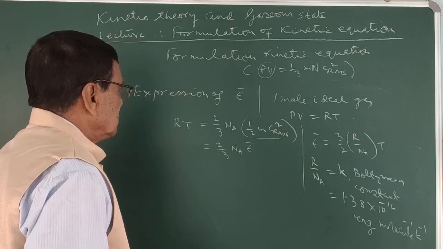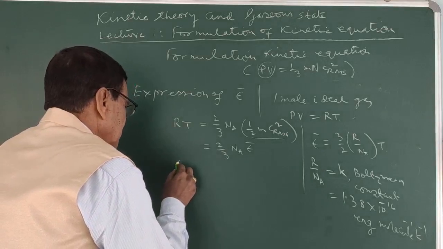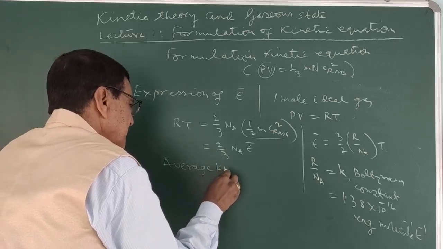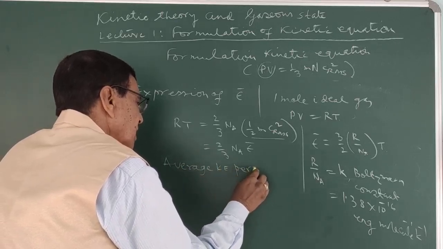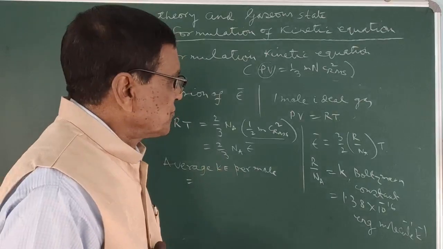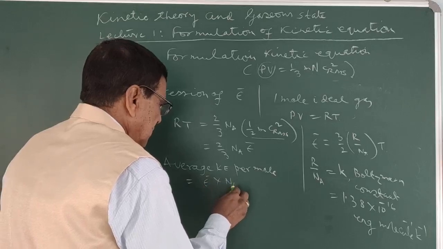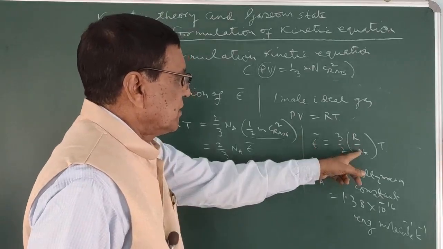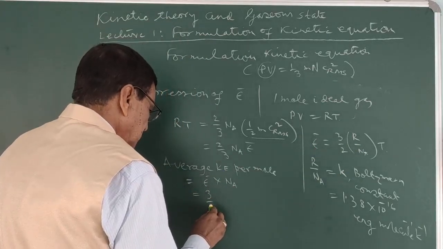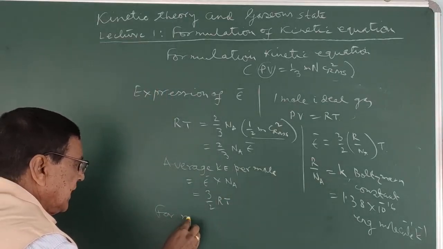So the average kinetic energy per mole, which contains the Avogadro number of molecules, means epsilon bar multiplied by the Avogadro number, and it will be 3 by 2 RT.